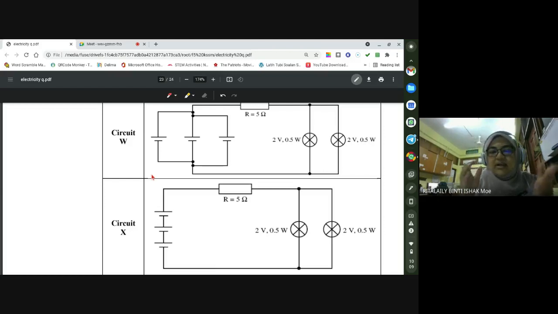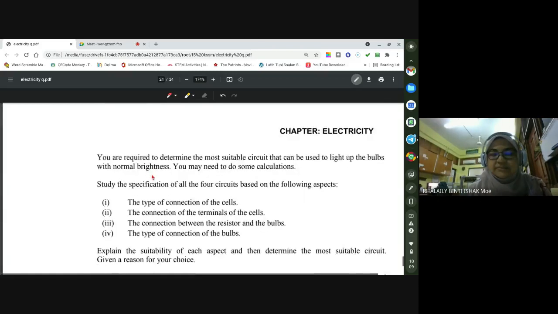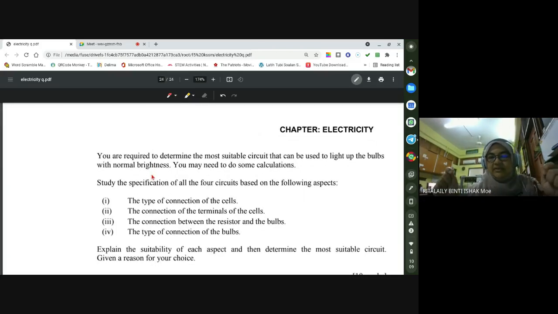Let's say, as for the cell terminal, you connect to where? Positive terminal of the battery should be connected to positive terminal of another battery, or the positive terminal should be connected to negative terminal. Yes, okay. The connection should be positive to negative or negative to positive.